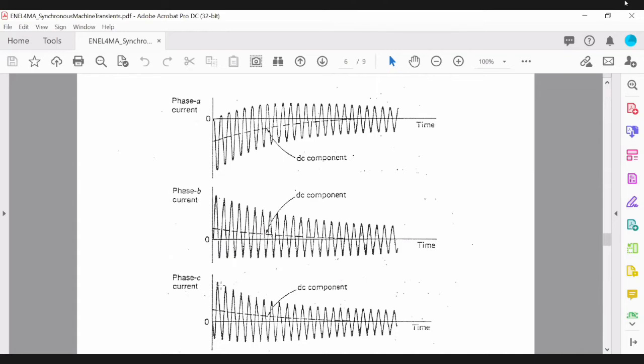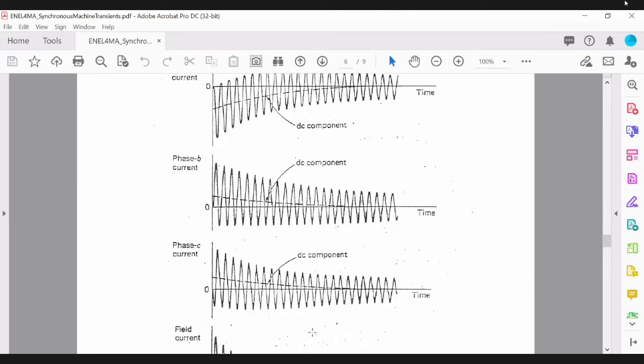So this is your envelope that we discussed, right? And the DC component, as you can see, is basically represented by the dotted line here for each phase.